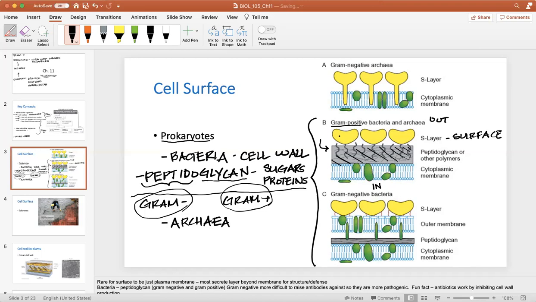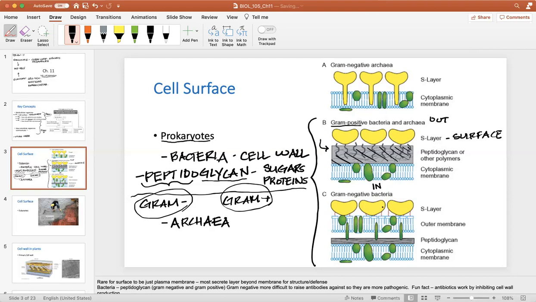Now let's contrast that with gram-negative bacteria. In a gram-negative bacterium, here we have our phospholipid membrane, and we have our transmembrane proteins or our peripheral membrane proteins here. Here is our peptidoglycan cell wall. And what's interesting is that that is sandwiched between another membrane formed by this bacterium.